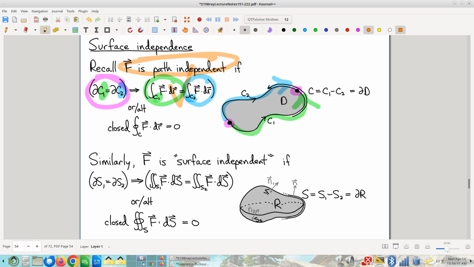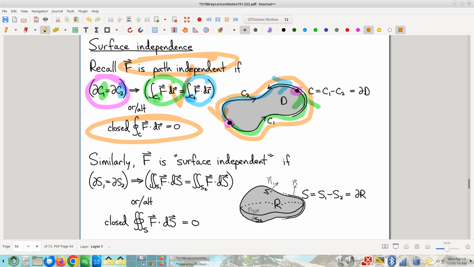It's wild. It's totally unexpected. But again, certain vector fields have this amazing property. And said differently, green equals blue, as we discussed, is equivalent to saying that the circulation going all the way around is 0.